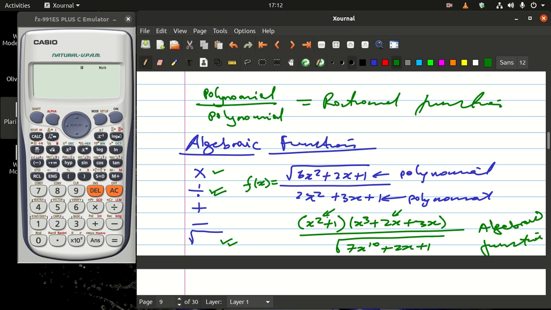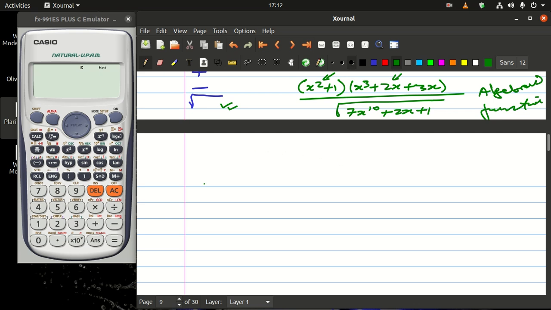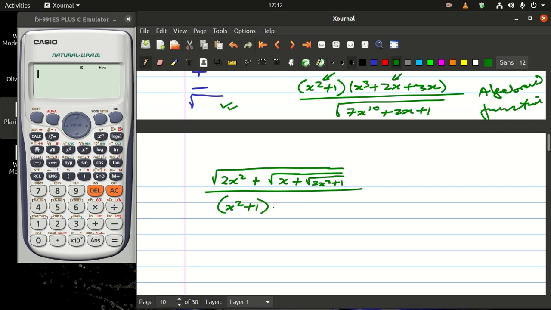Right. After we've talked about algebraic functions, the most important thing to look at is: can you spot the polynomial inside? Suppose I'm having this nice thing here, and then I have the square root of 2x squared plus 1. Now this becomes interesting. And then I want to multiply by x squared plus 1, and then I want a root of the root of x plus 2x squared.